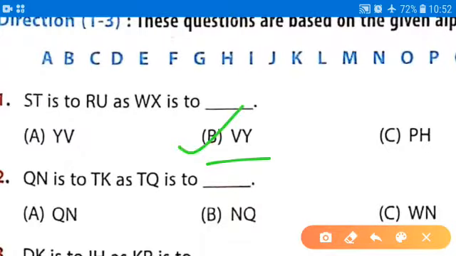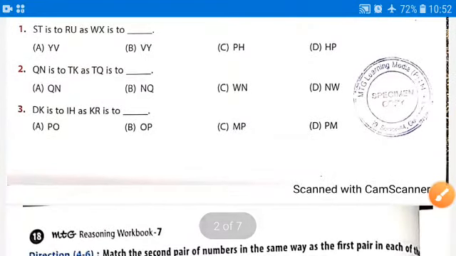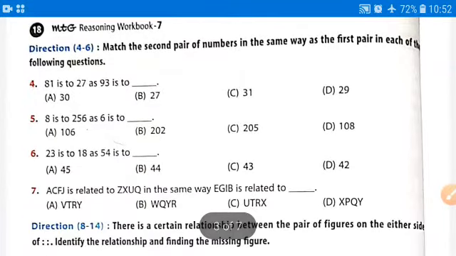This is the correct answer. Now moving further, questions number 2 and 3 are similar kinds of questions. You can do them by yourself, and you can ask us if you have any doubt.